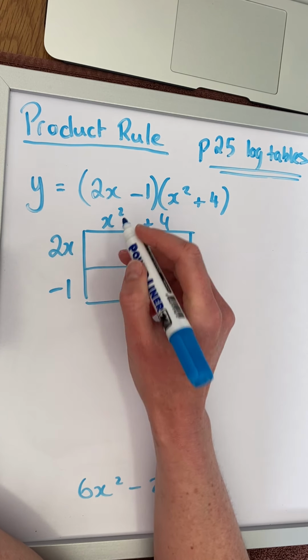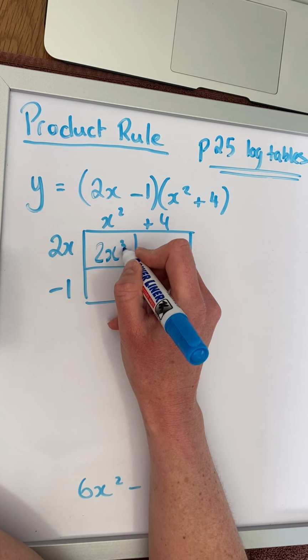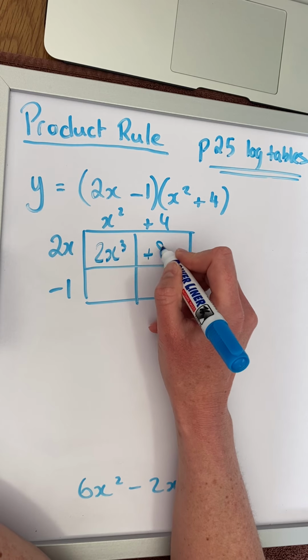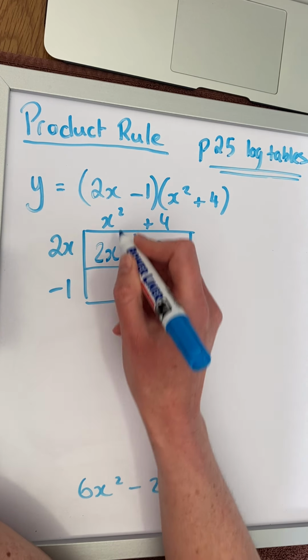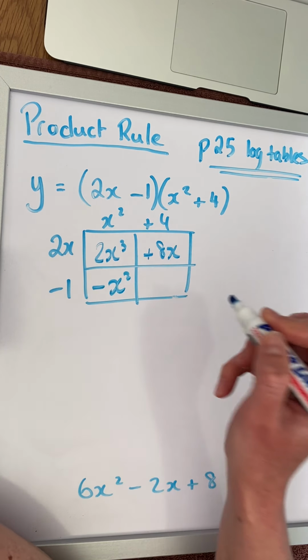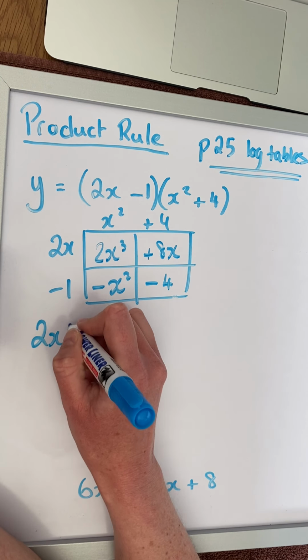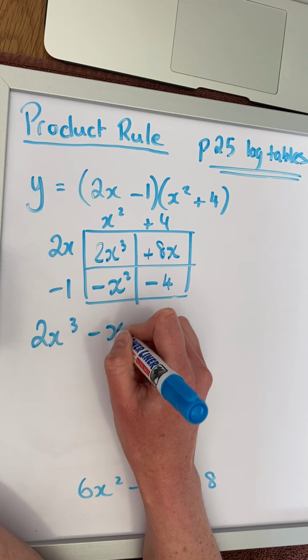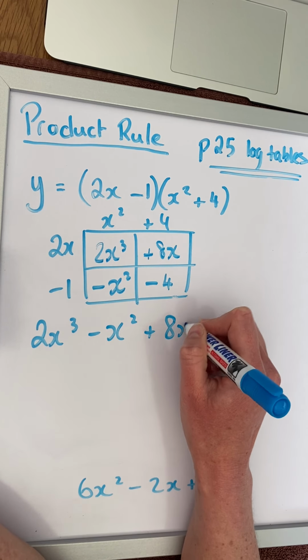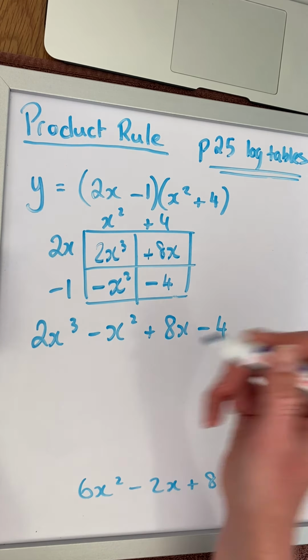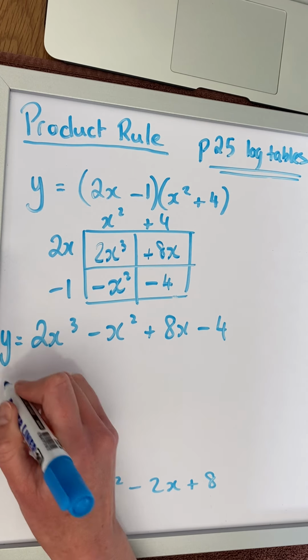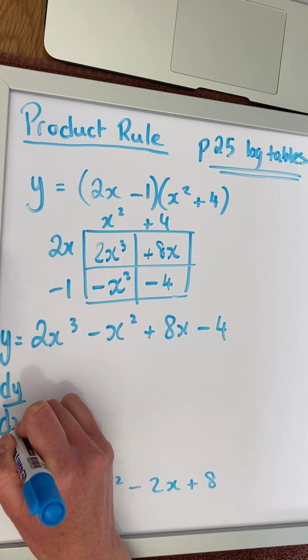So 2x by x squared gives me 2x cubed. 2x by 4 is 8x. Minus 1 by x squared is minus x squared. And minus 1 by 4 is minus 4. So we get 2x cubed minus x squared plus 8x minus 4. So this is y. Remember, we're looking for dy/dx.